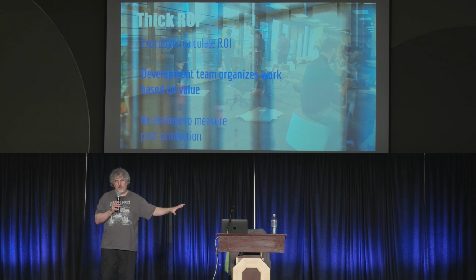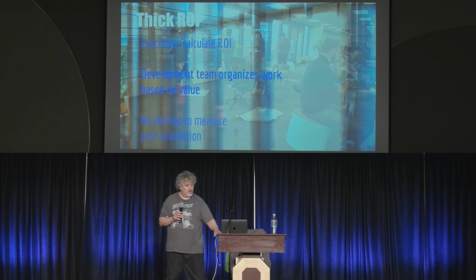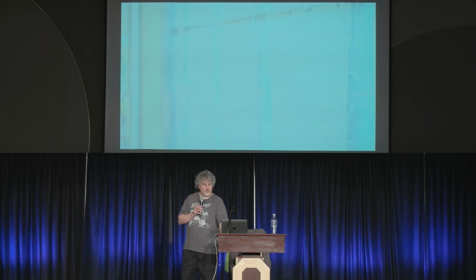So they don't ignore ROI, they don't only build applications to spec, but instead they have a focus on how this is really valuable, and they talk about it all the time. And then we do not attempt to measure it post-production. This is thick ROI. So the difference here is the development organizing by value.